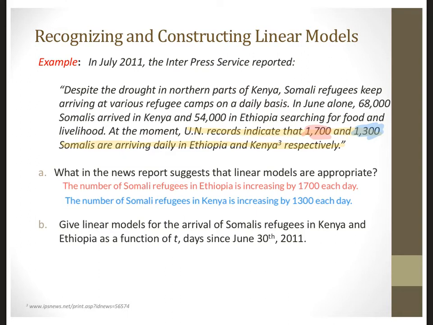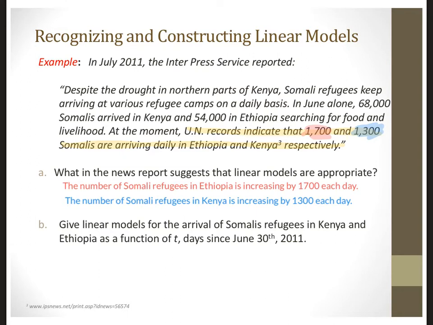Okay, so in part B, we'd like to come up with linear models for each of these Somali refugee populations in Kenya and Ethiopia. Let's start with Ethiopia. From part A, we recognize that the slope is 1,700, since every day, each time we increase the input by 1 unit, the number of Somali refugees in Ethiopia goes up by 1,700. We also need to know the initial value, the vertical intercept.